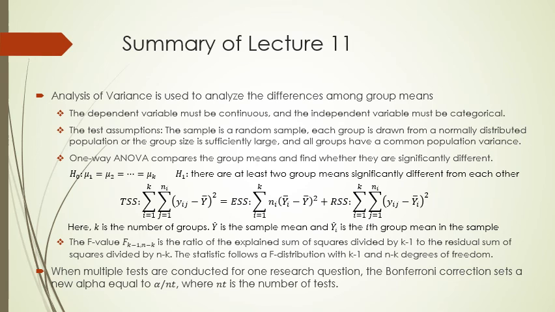For a research question involving multiple comparisons, the ANOVA test is ideal since it puts all groups in one model and conducts one test. If we cannot avoid multiple comparisons, then the Bonferroni correction offers a simple conservative approach, which sets a new alpha equal to alpha over nt, where nt is the number of tests.